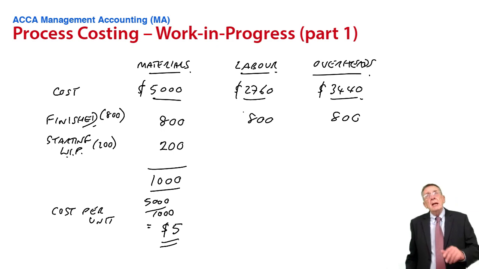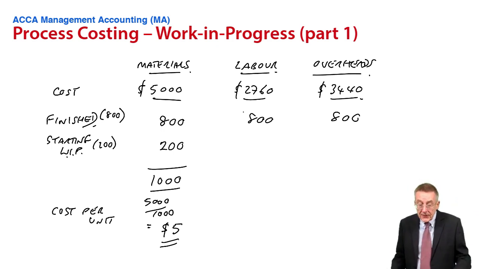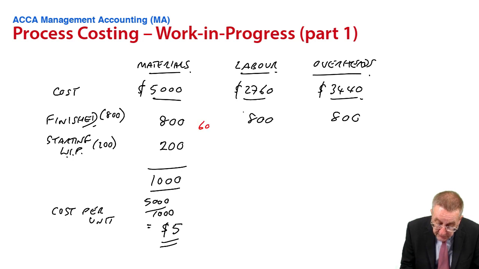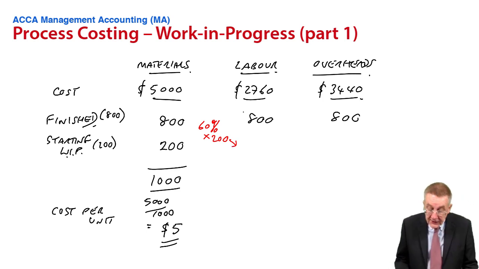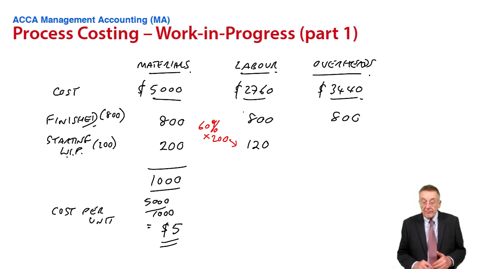And so we say, okay, doing 60% work on 200 units, it's going to be exactly the same from a cost point of view as doing the full work on 60% of 200, which is 120 units.